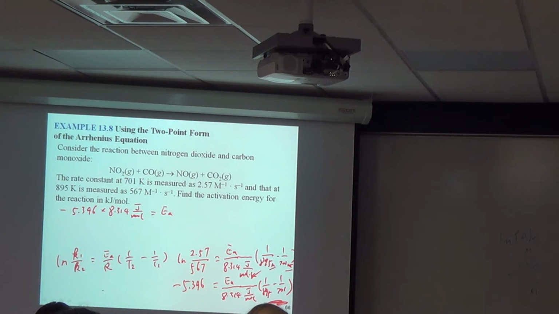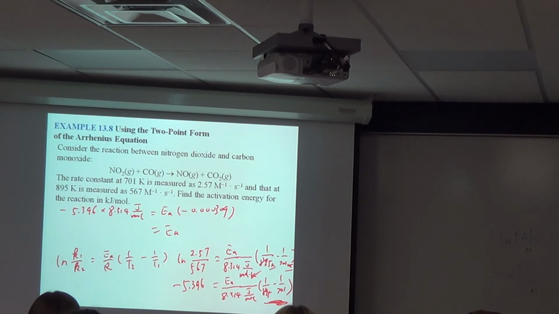Okay. So 1 divided by 895 minus 1 divided by 701, and you get negative 0.00309. Am I right? Okay. Then you divide this number out. So finally you get an EA.